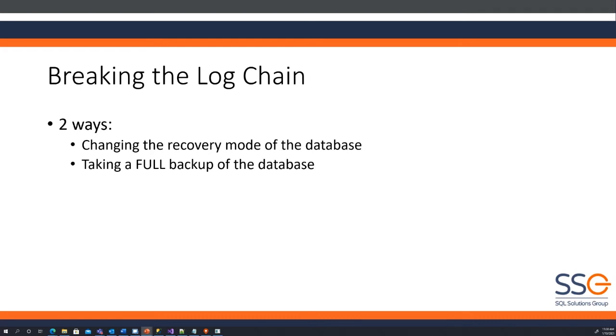Changing this will break the chain. Remember that full or bulk logged allows us to back up the log, while the simple recovery model doesn't back up the transaction log. So at a high level, going from the full or bulk logged recovery model to simple and back to full resets the log chain.